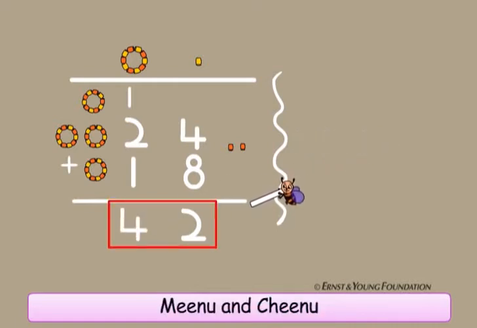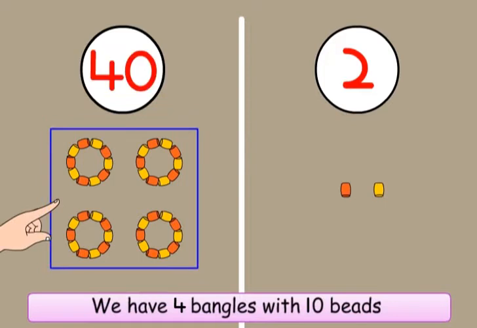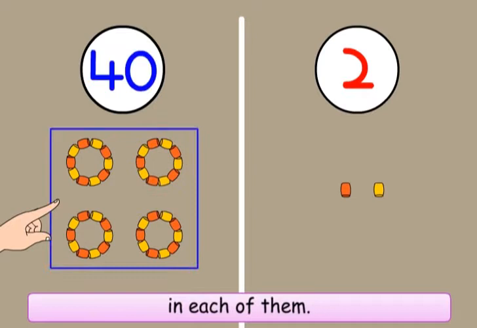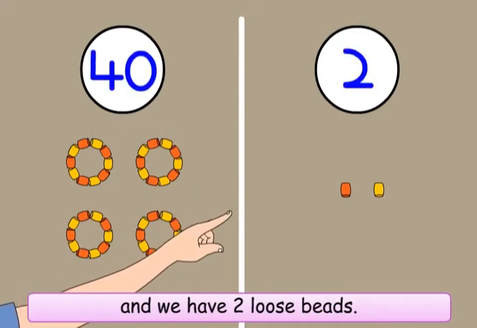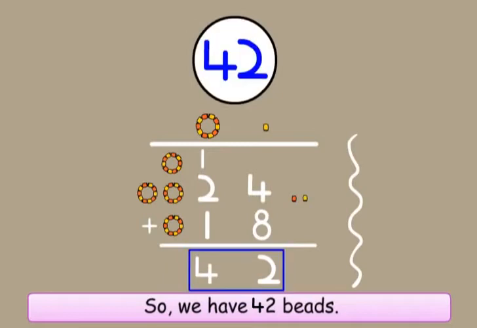Meenu and Chinu together have 42 beads. We have 4 bangles with 10 beads in each of them. That is 40 beads and we have 2 loose beads. So we have 42 beads.